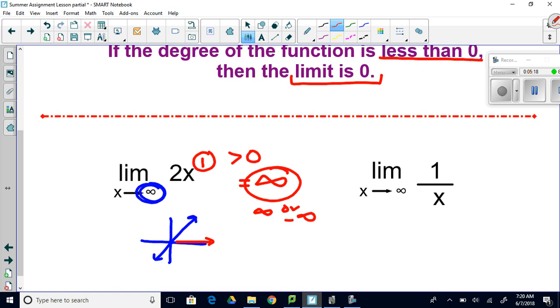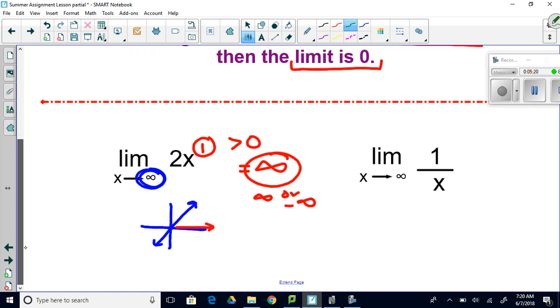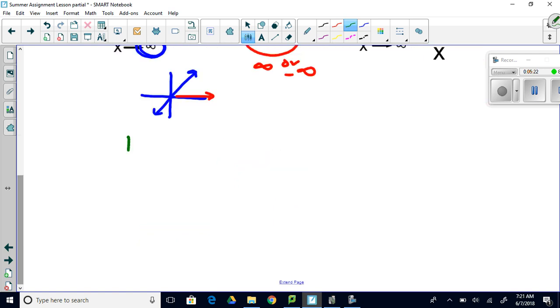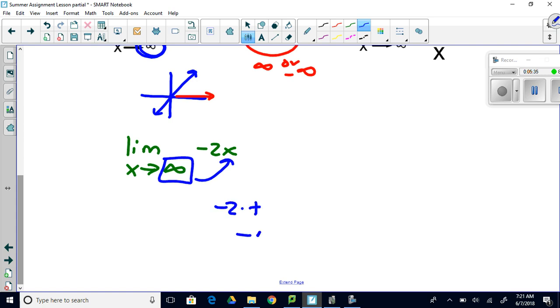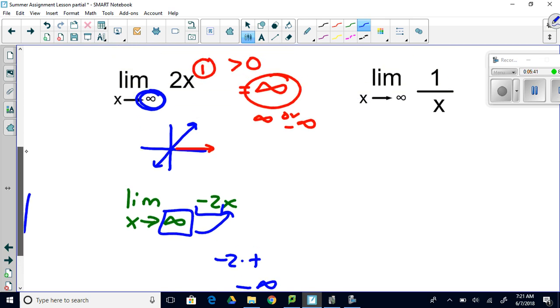Now, if this equation had been negative 2x, well, now if I plug a really big positive number in there, a really big positive number times negative 2 would be negative infinity. So just watch that sign. That sign tells us whether it's positive infinity or negative infinity too.